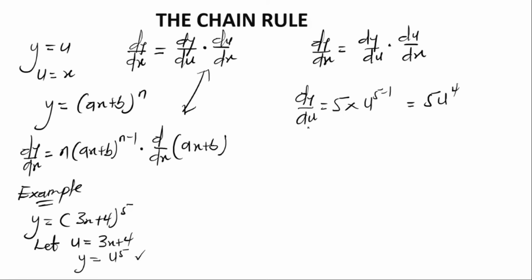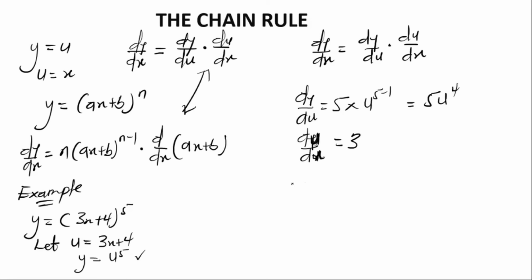Now that we have dy/du, we need to differentiate the first equation, that is du/dx. du/dx is equal to, we have 3x + 4. If we differentiate 3x, we get 3. And if we differentiate 4, we get 0. So it is still 3.